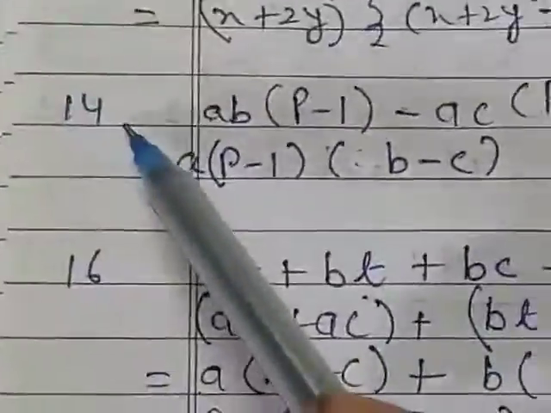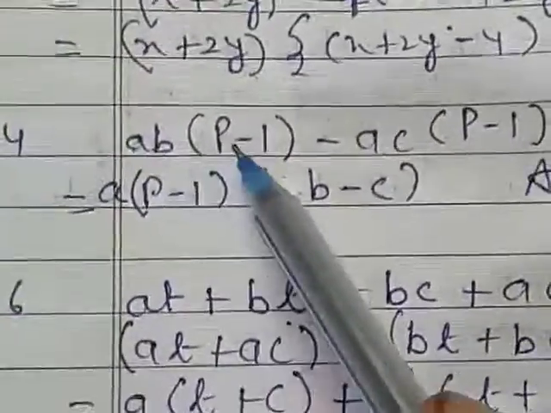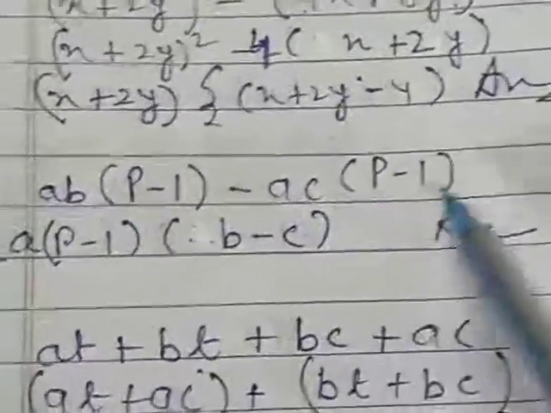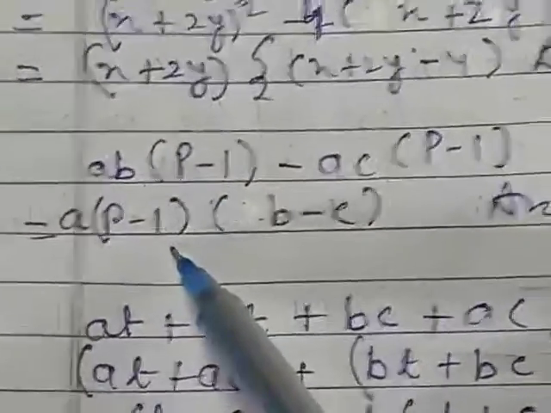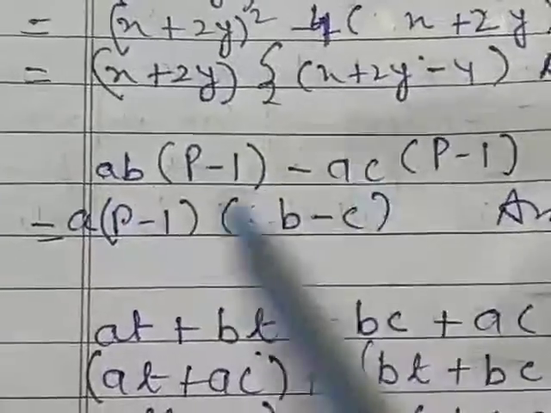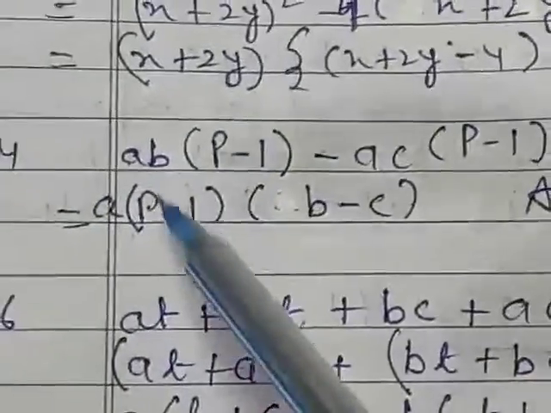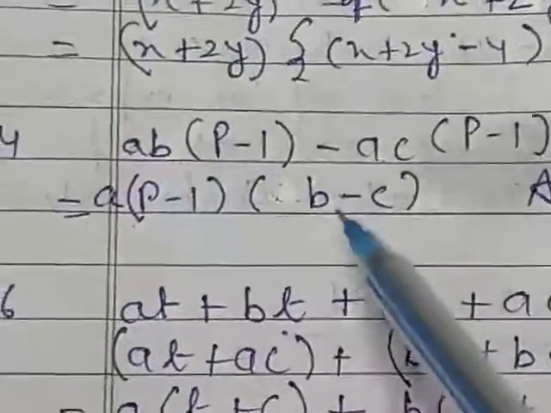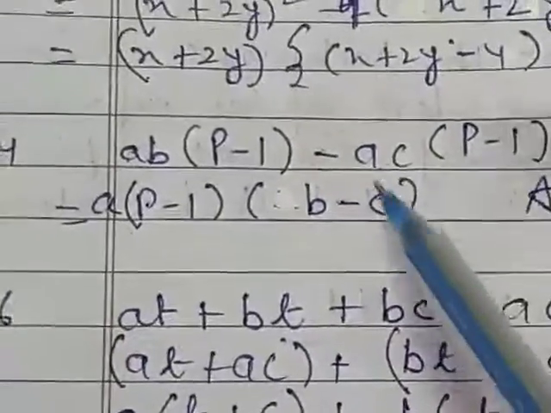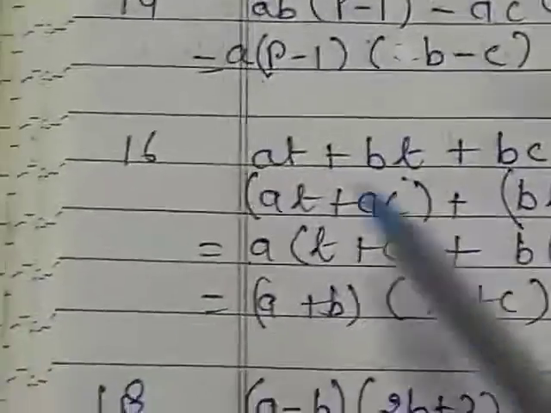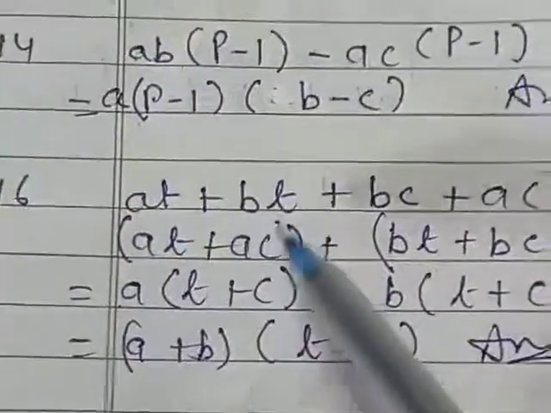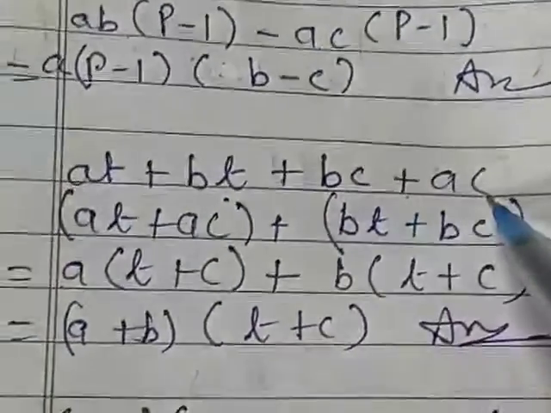Question number 14: ab into p minus 1 minus ac into p minus 1. Again we take p minus 1 common, and a also common, so they cancel out, and here we get b minus c, because a cancels and p minus 1 also cancels. Question number 16: at plus bt plus bc plus ac.